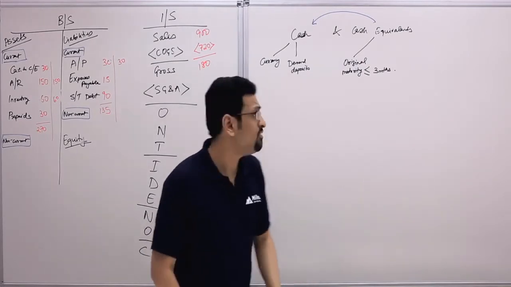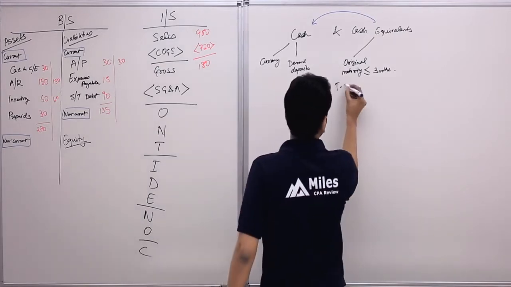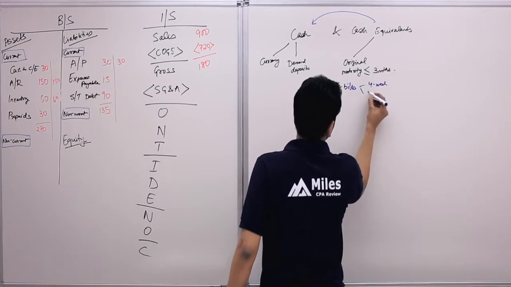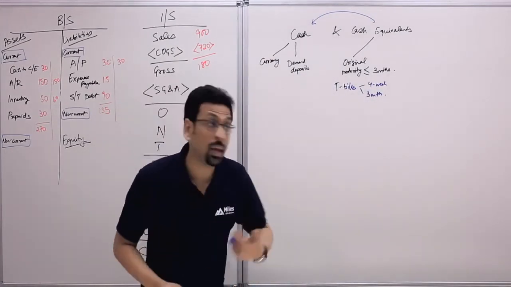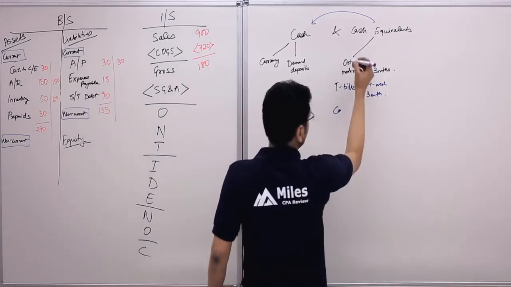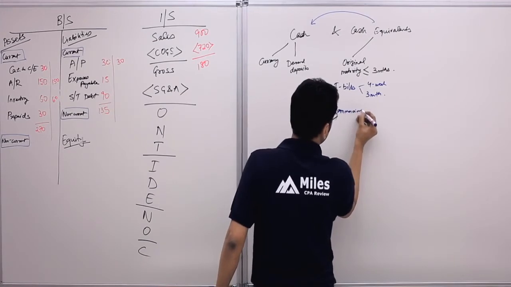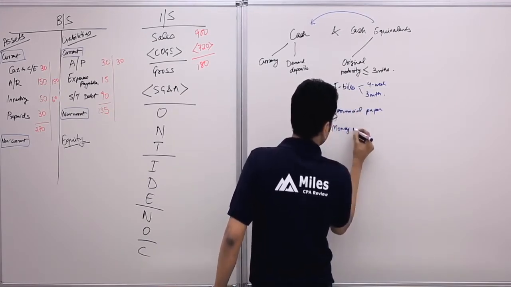So here you could have treasury bills, let's say 4-week treasury bills or 3-month treasuries. You could have commercial paper with original maturity of less than or equal to 3 months. You could have certain money market funds.